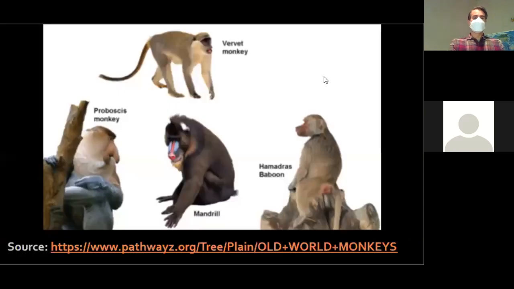Here's some old world monkeys. So we're still dealing with monkeys. We have the vervet monkey, the proboscis monkey, the mandrill, and there's a baboon. There are different types of baboons. There are some baboons that are more arboreal, and there are some baboons that are more terrestrial. Again, for me, they're a little less goofy than the New World monkeys.